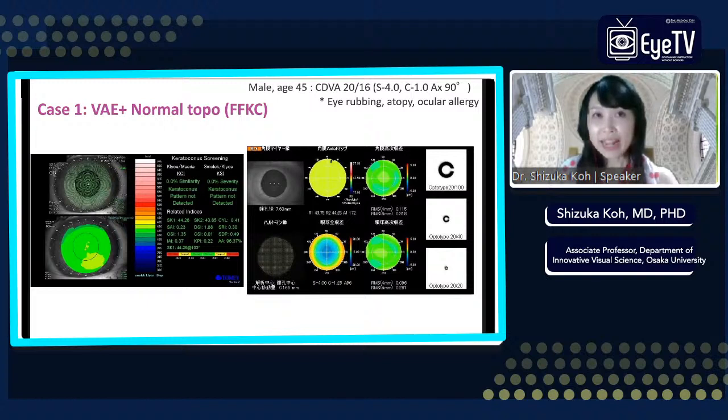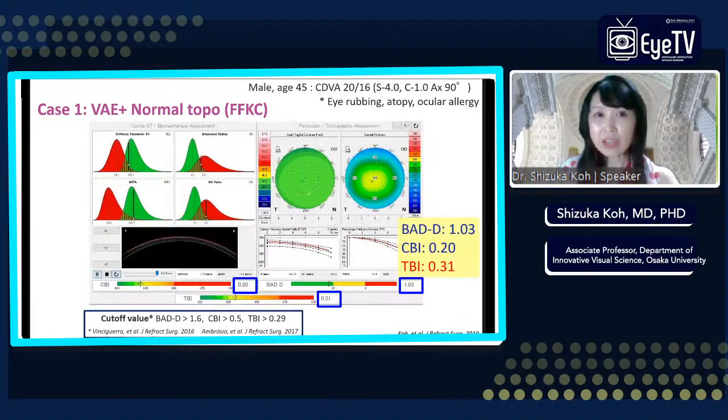Now this is his fellow eye. Very asymmetric ectasia with normal topography. Placido disc corneal topography and wavefront did not show any abnormal findings. Okay, both BAD-D and CBI are low values and within normal range.